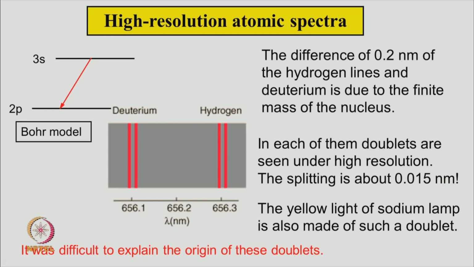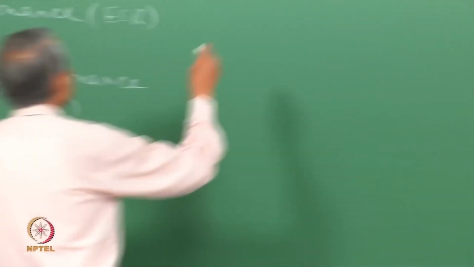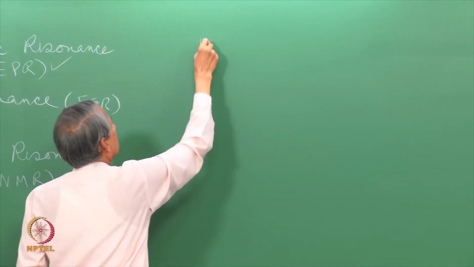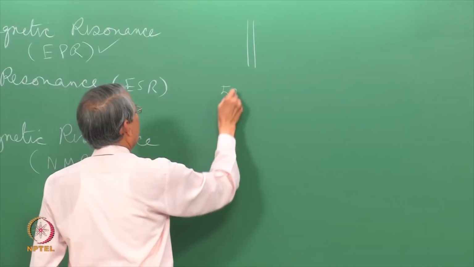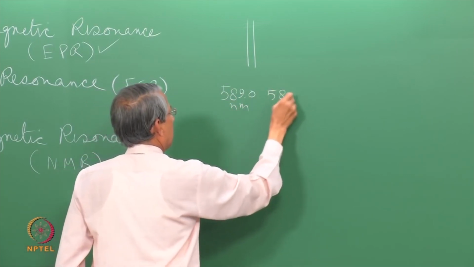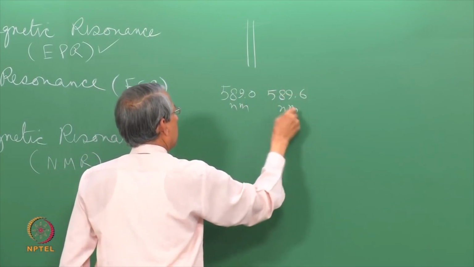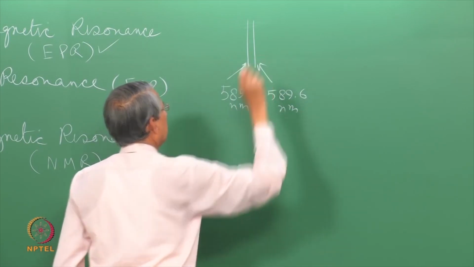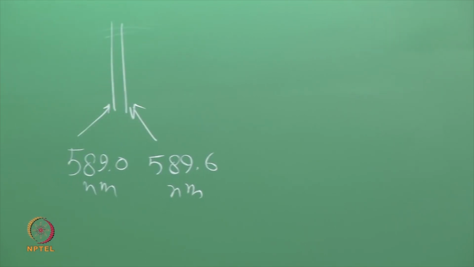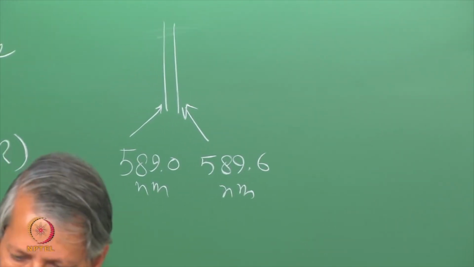Even the sodium atom, for that matter, the bright yellow light that you see in the street lamp, that also has a pair of two closely lying lines, very close to each other. So, it is very difficult to explain these doublets.